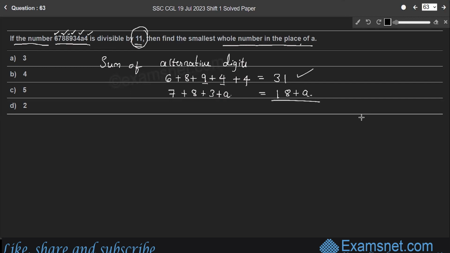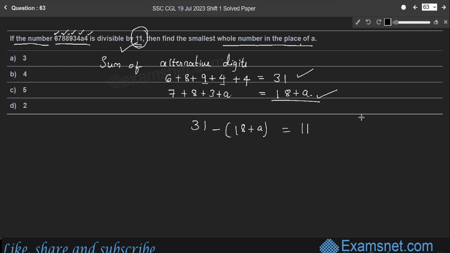If the difference between these sums is 11 or a multiple of 11, then the whole number is divisible by 11. Since it is given that the number is divisible by 11, the difference between the sums, 31 minus (18 plus A), is equal to 11.